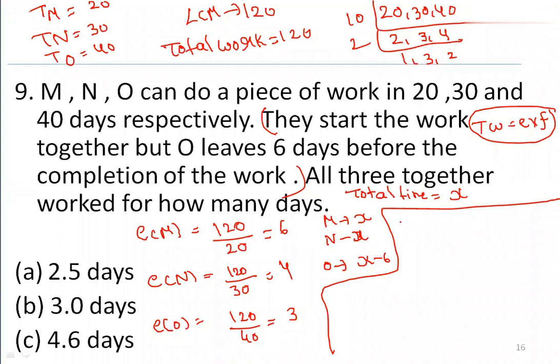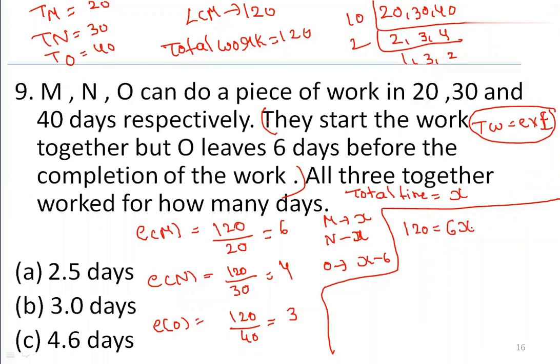Total work equals efficiency into time, right? If you have taken total work as how much here? 120. 120 units of work will be done by these persons like this. M was there in the work for X number of days and M's efficiency is 6 units.